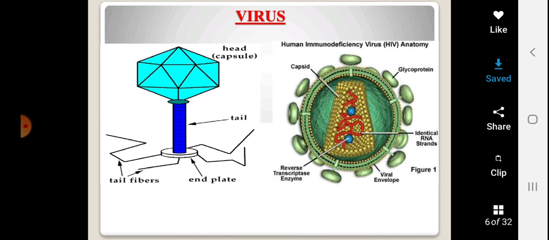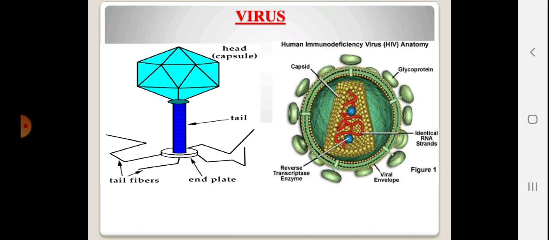So unless it enters the host, it is well protected inside the capsid or the head capsule when it is there in the atmosphere. Then it has a neck or tail like structure, and it has tail fibers or an end plate through which it is going to enter or infect a healthy person.